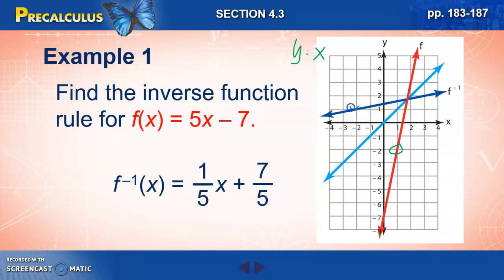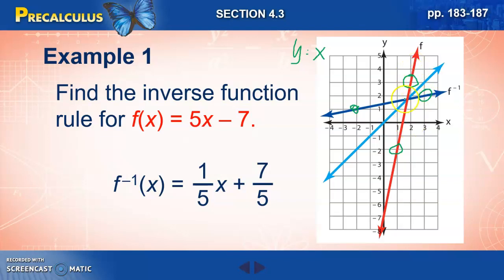Yep. Our original function had a coordinate at 2, 3. Okay, so our inverse should have a point at 3, 2. We do, in fact.